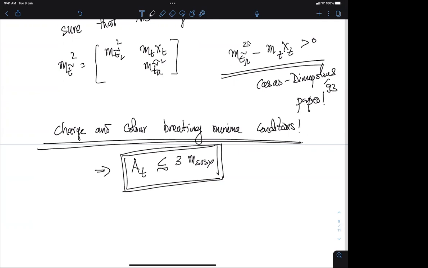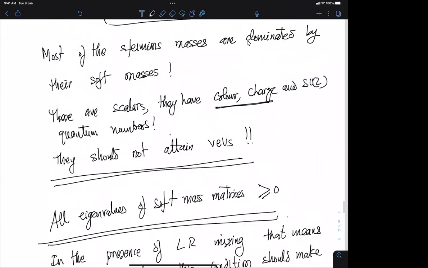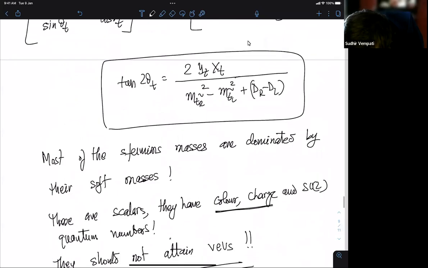So these trilinear couplings, they will also have the IJ indices, right? So while making the assumption, we have also taken them to be only the same flavor.